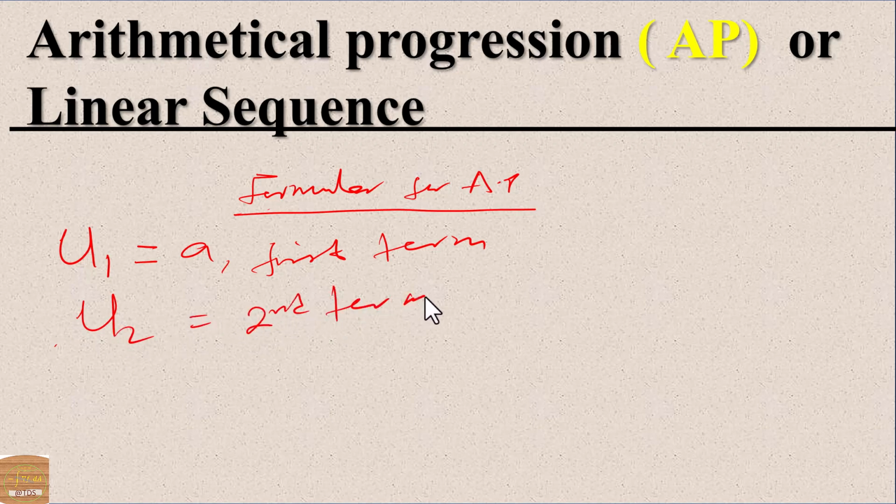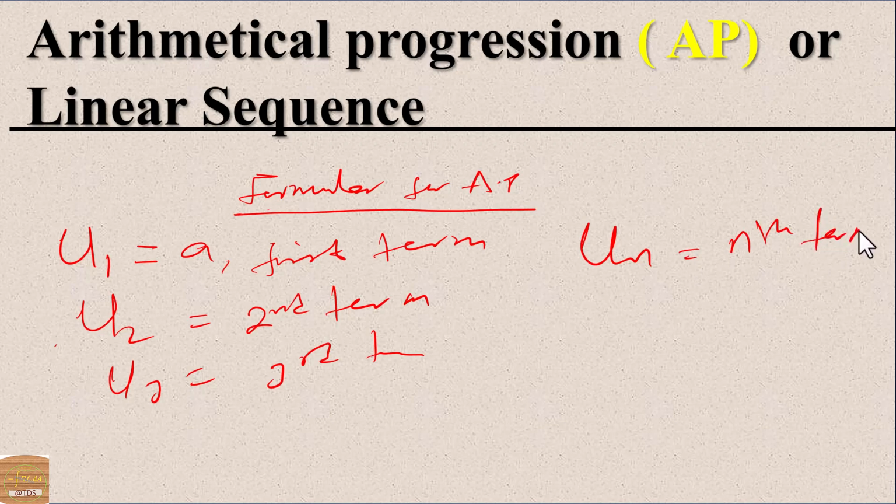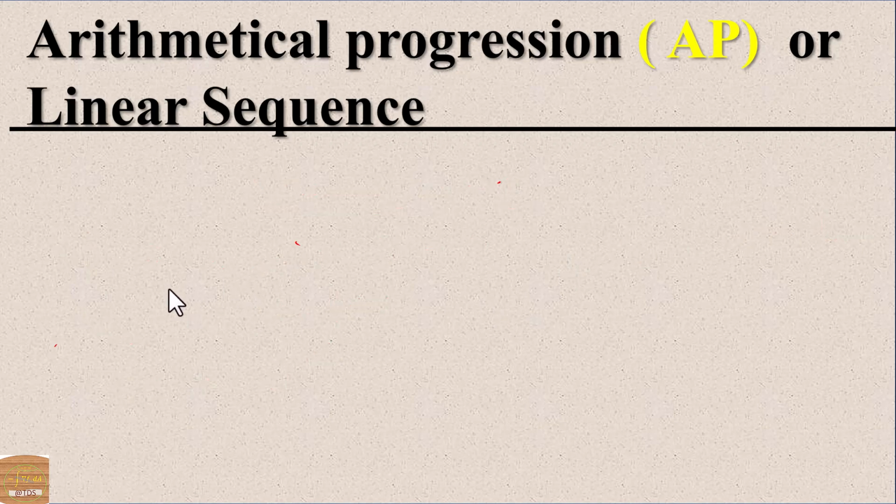U3 is the third term. So what is UN? UN is the nth term. So let's deduce a formula for the AP. To deduce a formula for AP, we need to understand this.